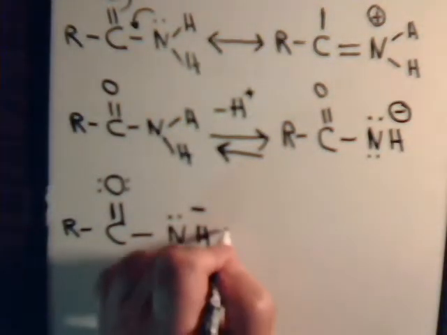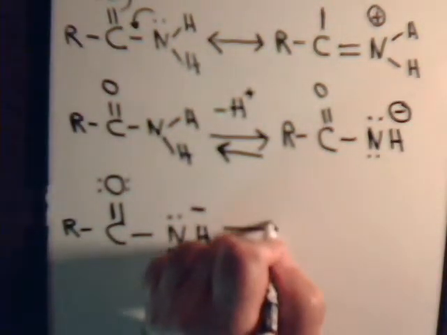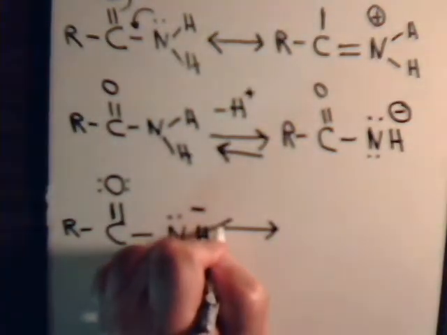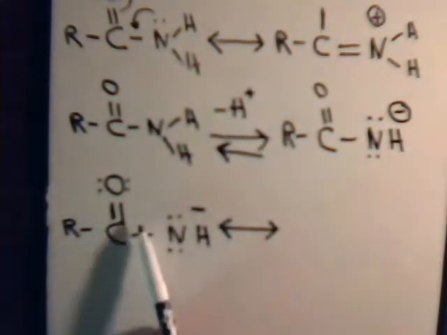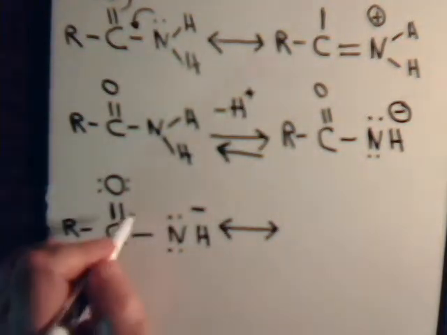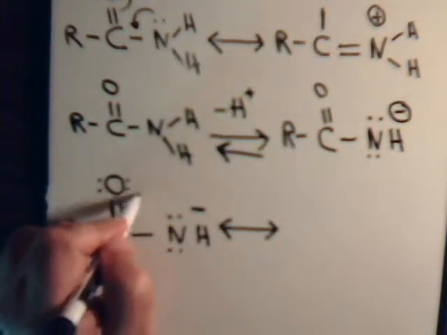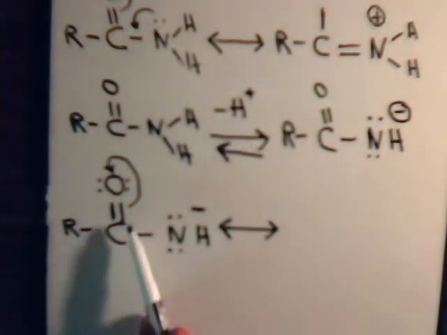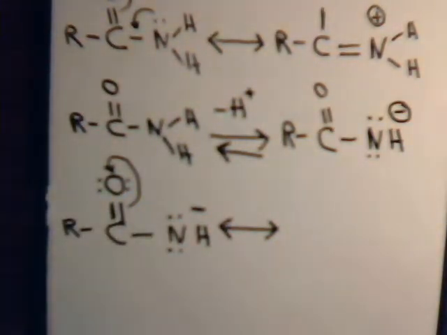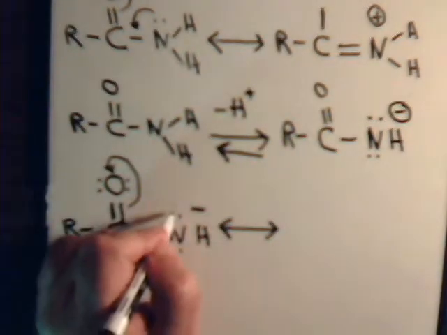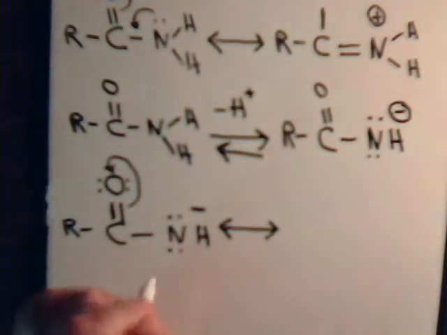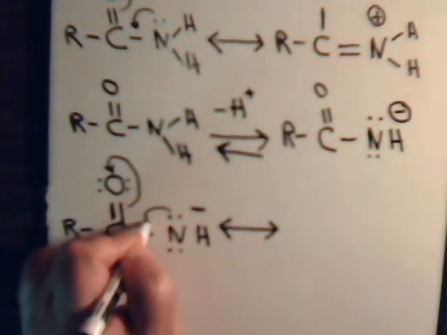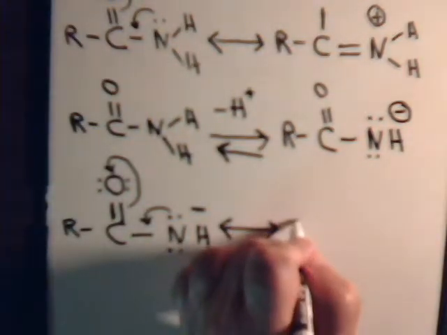So we get this. Now we're drawing resonance structures. Here again we have the pi bond, and you can imagine it going like this. The oxygen keeps both of the pi electrons, leaving carbon deficient, but then this pair of pi electrons come in, so we have it like this.